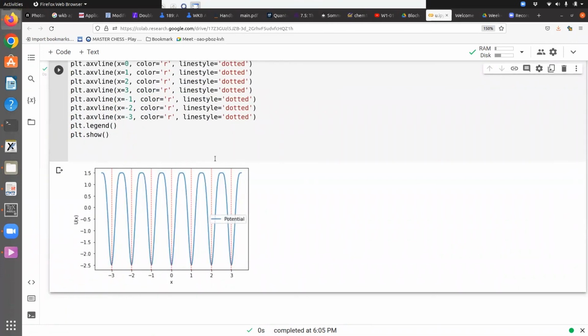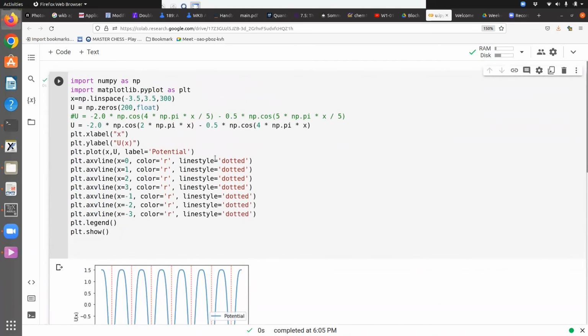The blue line shows the periodic potential and vertical red dashed lines show the location of the lattice points. Let us take some other value of wave vector. For example, 4 pi by 5 and 5 pi by 5. And then we generate the plot of u of x again.